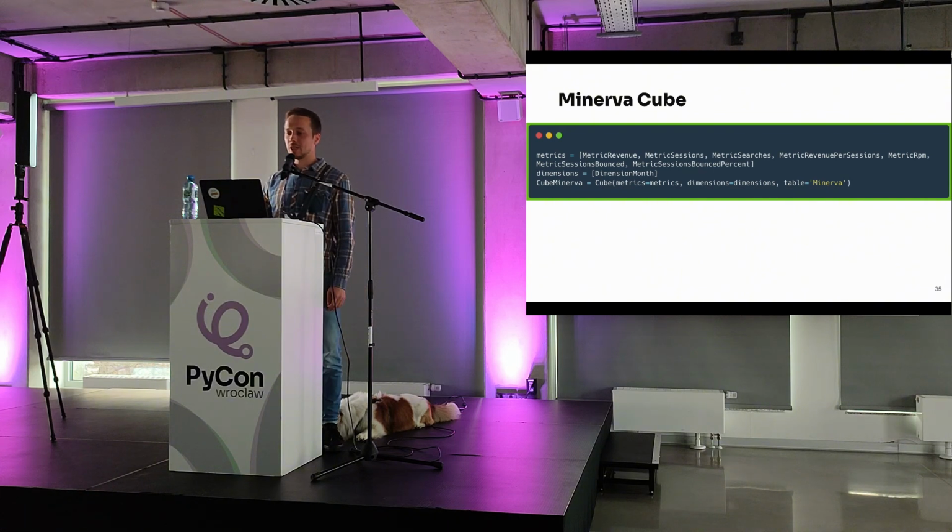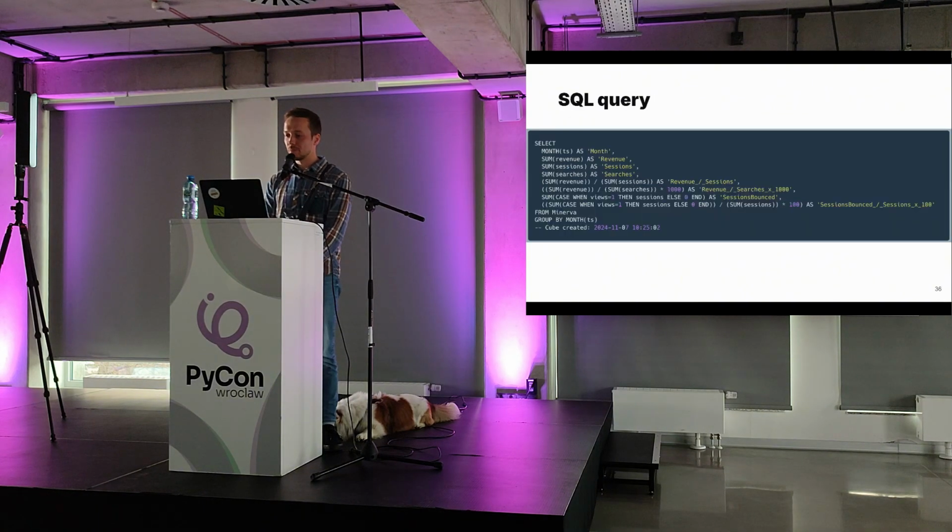We can imagine that the user is analyzing data in a data visualization tool, say Looker, and he or she selects these metrics and dimensions. We also pass a table called Minerva. Minerva was a Roman goddess of wisdom. Then we read the SQL code from the cube, and we get this neat SQL query.